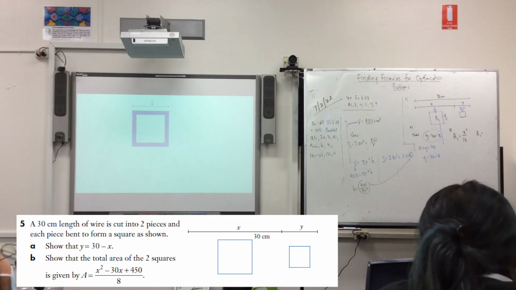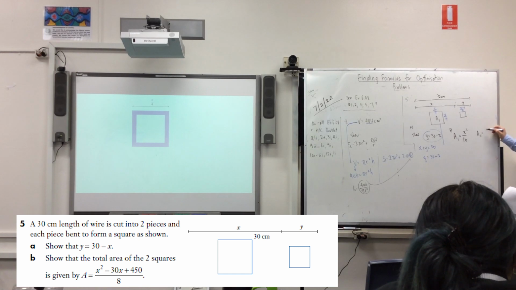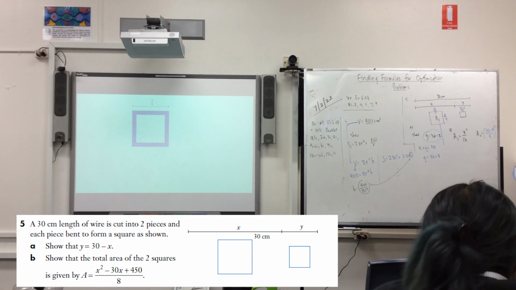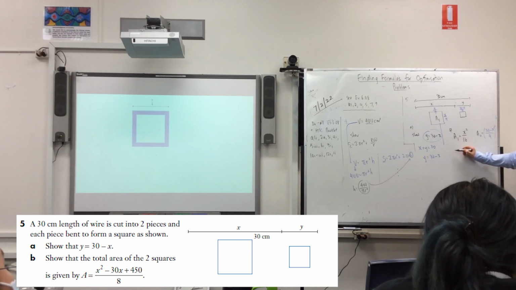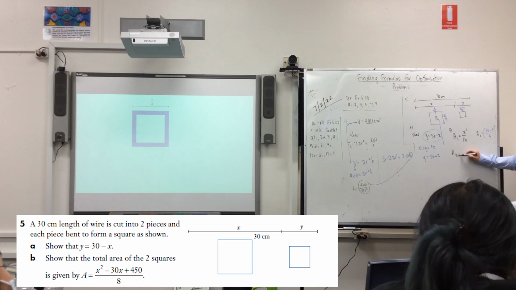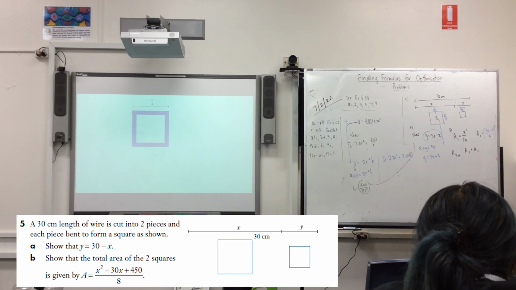Does that make sense? Yes. So then the area 2 would be, correct? And then how would I find the total area? I'm not going to do the algebra work, but this is my guide for you girls. That will get you the result that they want you to find. Okay?